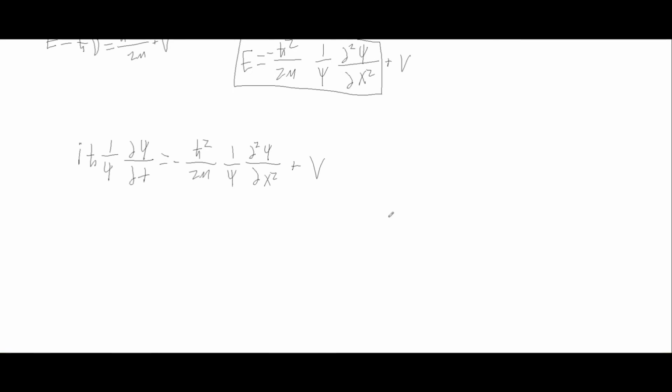From here, if we want to get rid of these 1 over psi's, then we just multiply everything through by psi, and that will give us i h bar partial derivative of psi with respect to t equals minus h bar squared over 2m multiplied by the second partial derivative of psi with respect to x plus V multiplied by psi.